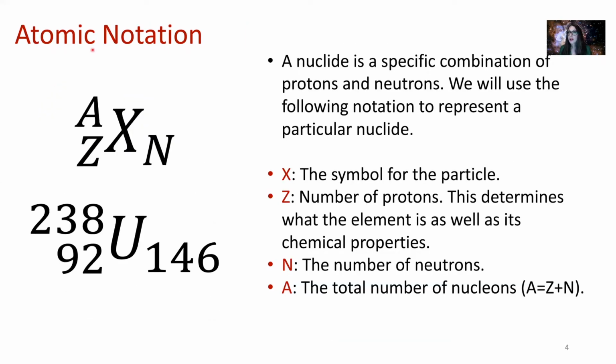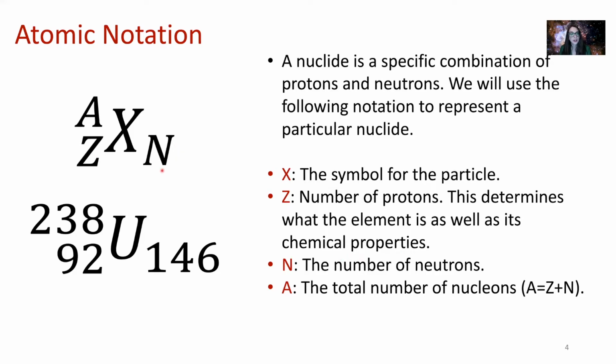We use a particular notation to denote nuclides. A nuclide is a specific combination of protons and neutrons, and we're going to use this particular notation for our physics course. Big X here is the symbol of our atom. Z is the number of protons of our nuclide. This determines what the element is as well as its chemical properties.